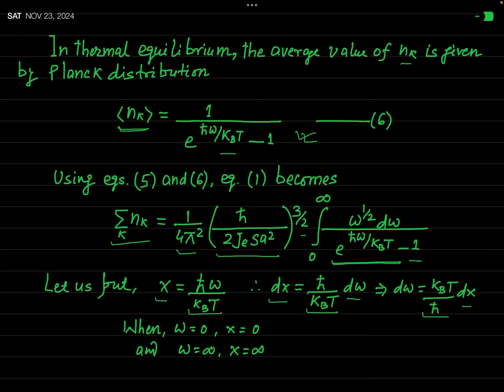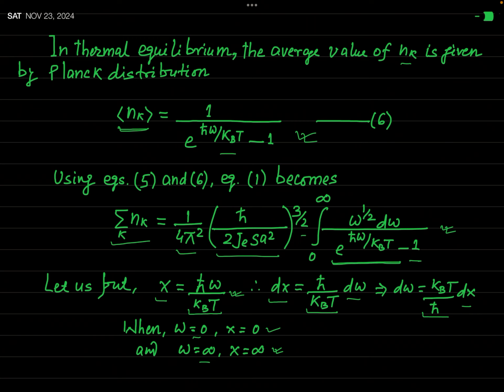So now instead of the variable omega, we will use x by this relation. Now let us check the limits. When we change the variable omega in terms of x, will the limits remain the same or different? Let us check. The limits in this equation are for omega. When omega is 0, you can see from this result that x will also be 0. And when omega is infinity, x will also be infinity. So the limits will remain the same.